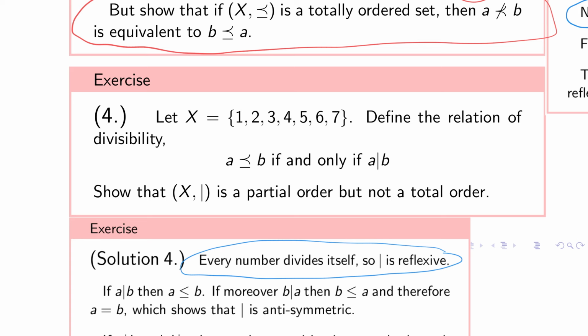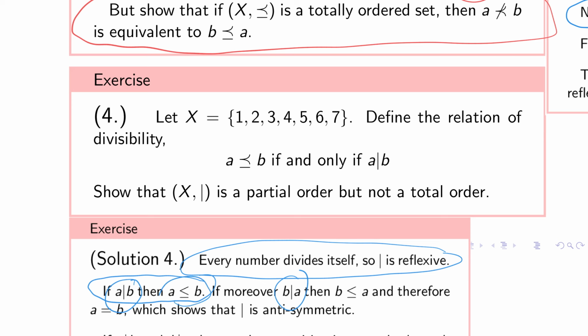Let's move on to anti-symmetric. So first, before getting into it, I want to just note that if A divides B, then A is less than or equal to B. And so now consider the hypothesis that A divides B, the relation holds in one direction, and also B divides A, so the relation holds in the opposite direction.